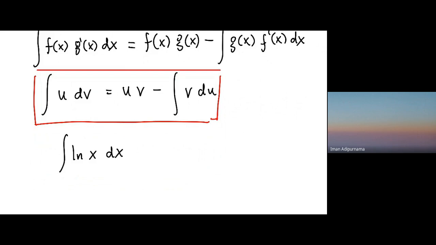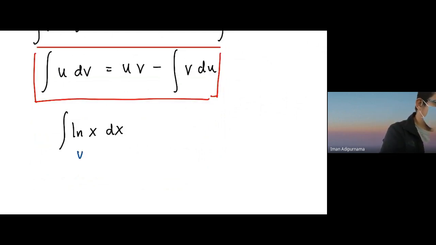Because ln x is easier to differentiate, right? The derivative of ln x is 1 over x. And dx, we can just integrate, and it becomes x. So we put u as ln x, and differentiating, du becomes 1 over x dx.